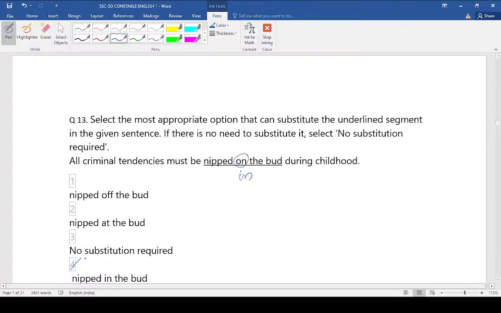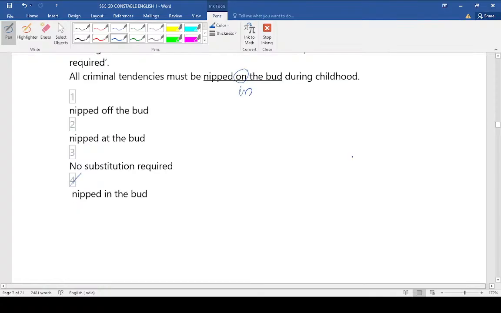Just now I said the meaning: in the early stage we have to stop that before developing it. So accordingly, criminal tendencies means arrogant, unwanted, unnecessary, beyond the law, whatever things are done by the person, that is supposed to be stopped in the early stage during childhood. This is a hint. So now we will go for the next question.